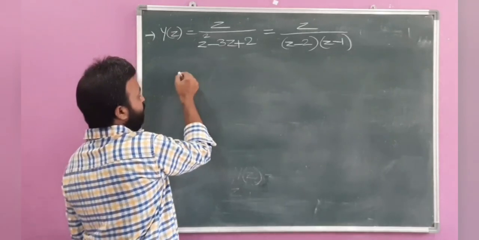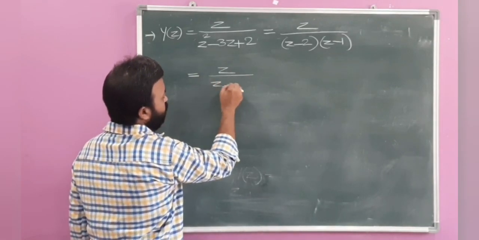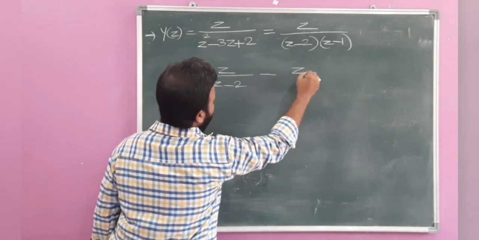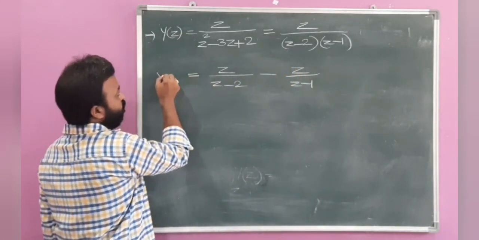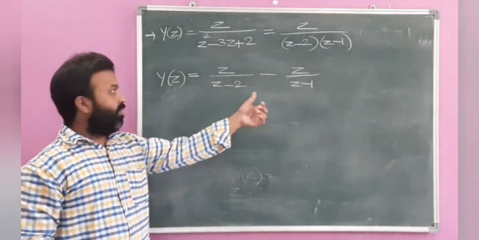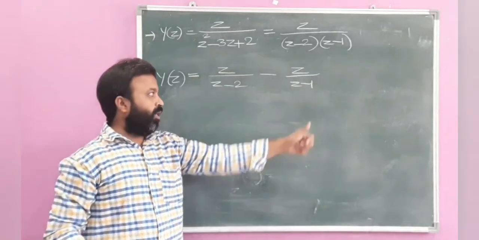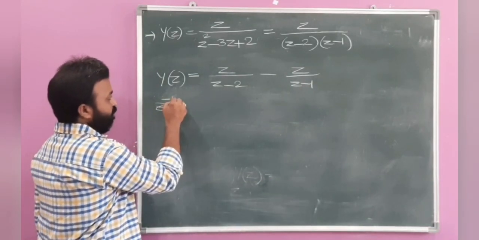Now by using partial fractions, that can be written as z by z minus 2 minus z by z minus 1. Using partial fractions, I write this. So Y(z) is z by z minus 2 minus z by z minus 1.